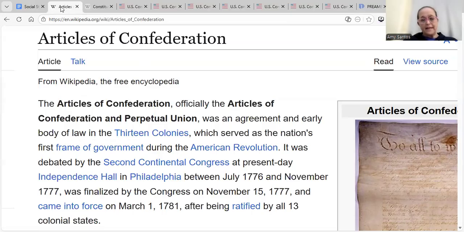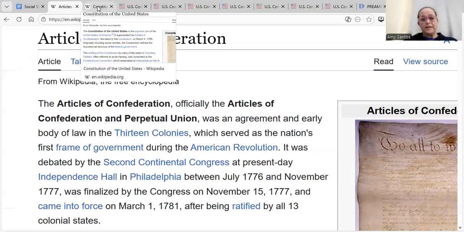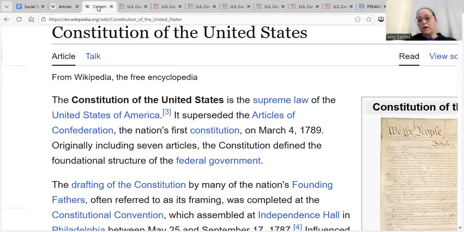And so they had that loose agreement. It came into force on March 1st, 1781. And again, you don't need to know the dates for that. But then they found that they needed a more concrete agreement with a stronger federal government.